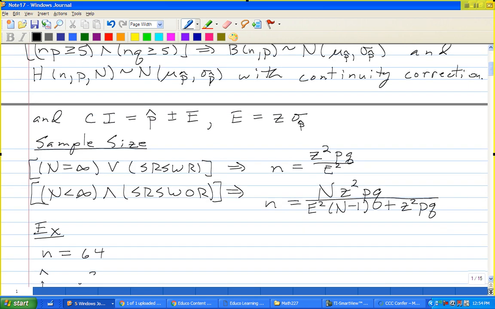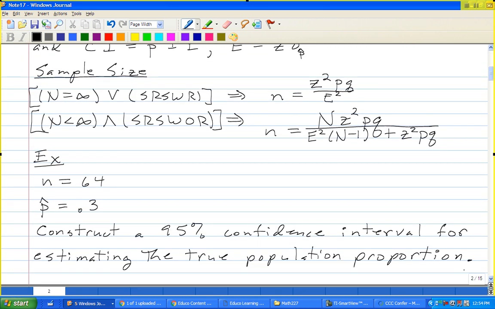Here it is. Now, if you don't know P or Q, so if P is unknown, use the sample proportion.